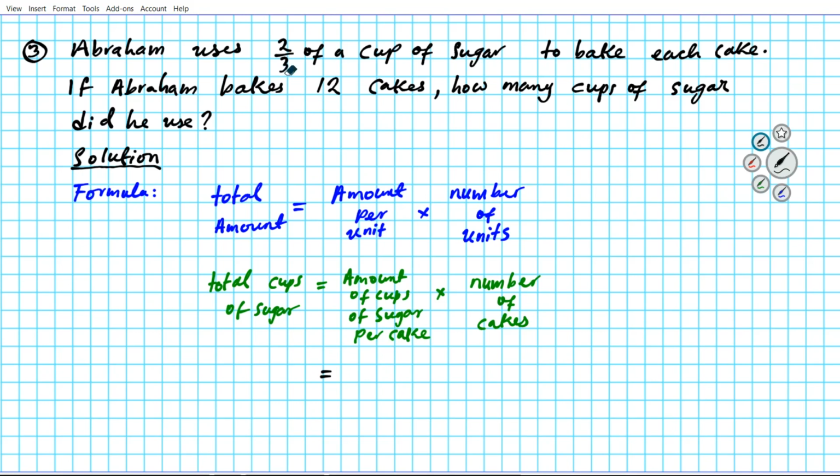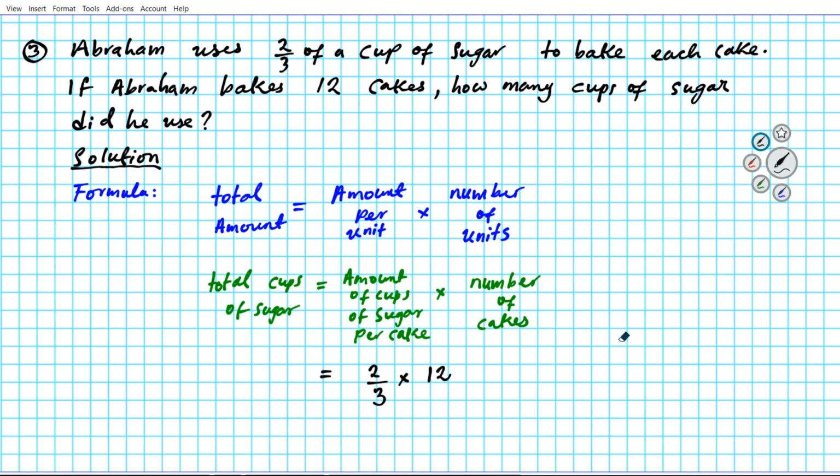It tells us it's 2/3. That's the unit amount right here, 2/3. This is the amount of cups per cake. We're going to multiply this by the number of cakes to get the total cups of sugar used. How many cakes did Abraham bake? Abraham baked 12 cakes. So 2/3 times 12 will tell us exactly the total number of cups of sugar used to bake 12 cakes.